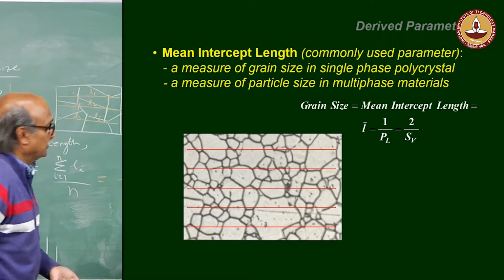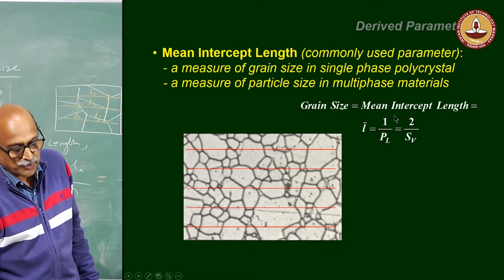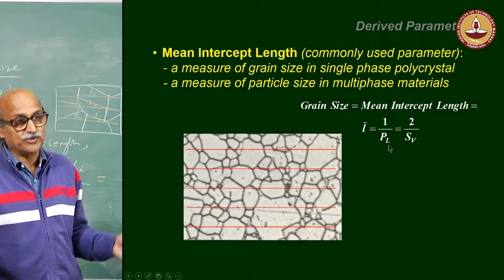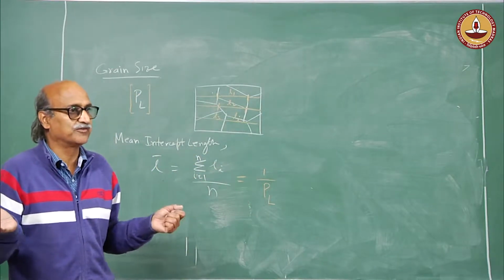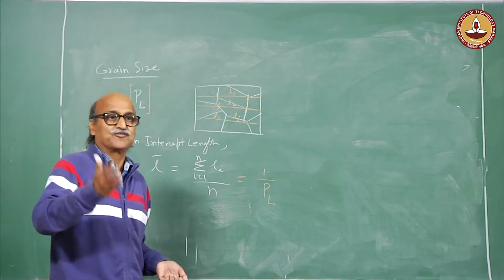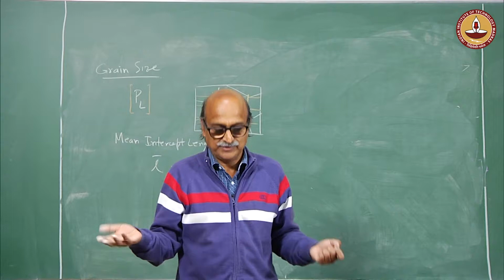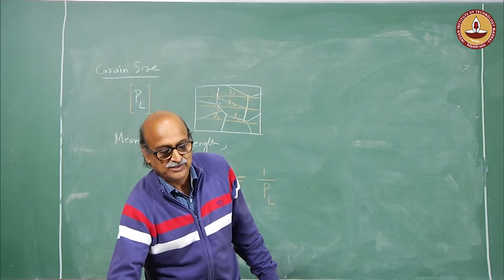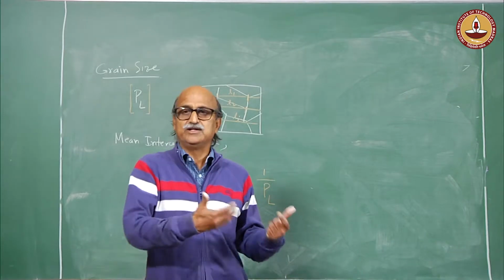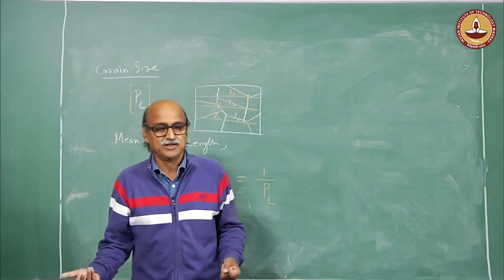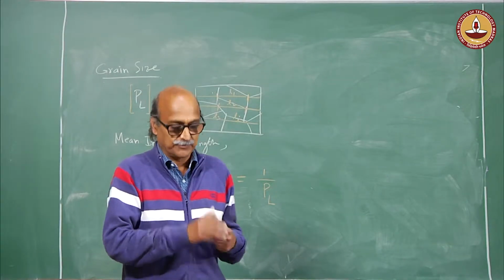Okay, so, you see the grain size measure here, mean intercept length is 1 upon PL, which is also related to the surface density of grain boundaries, because surface area per unit volume SV is equal to 2 times PL. Hence, you will get mean intercept length equal to 2 upon SV. So, mean intercept length is inversely proportional to surface area per unit volume. Okay.